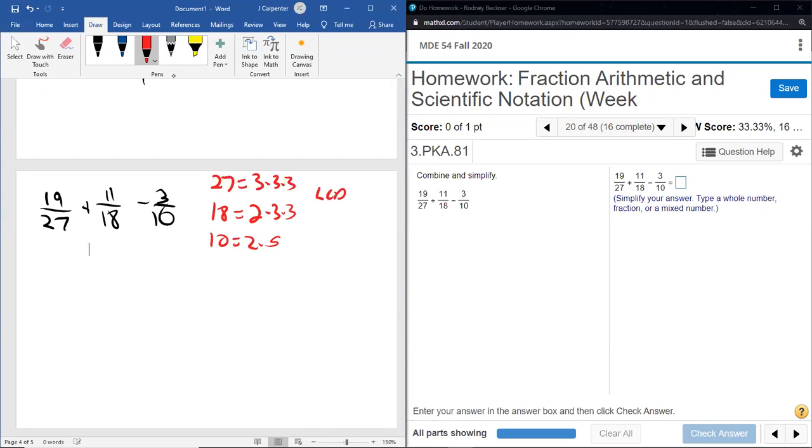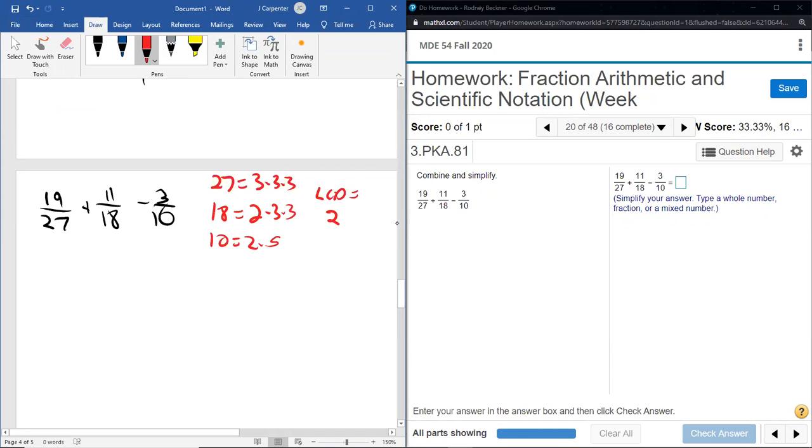Meaning our LCD needs all the different factors, 2s, 3s, and 5s. But you need the most of each of them. There's only a single 2 in the options, so we just need a single 2. There's only a single 5, so we only need a single 5.